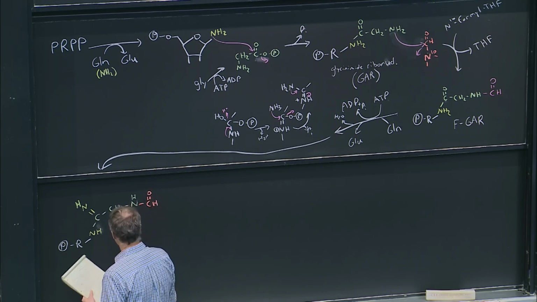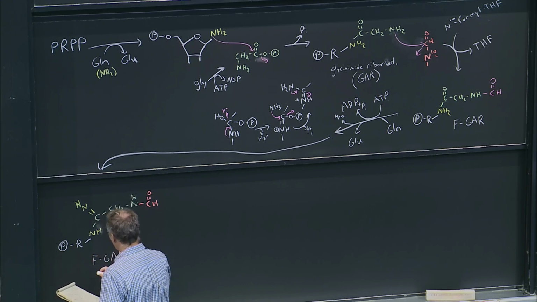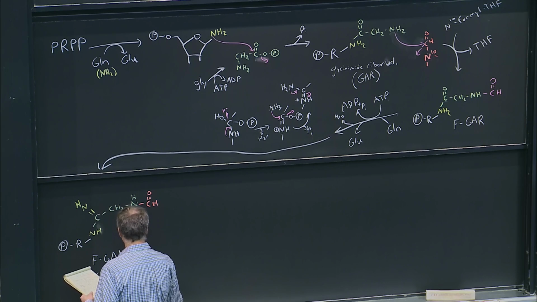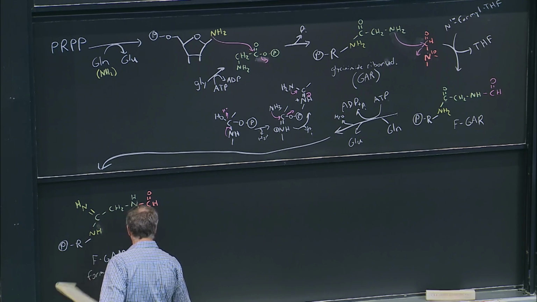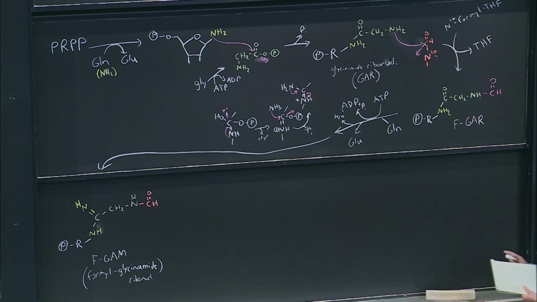Okay, so this intermediate is FGAM for formyl glycinamidine ribonucleotide. So FGAM, all right?